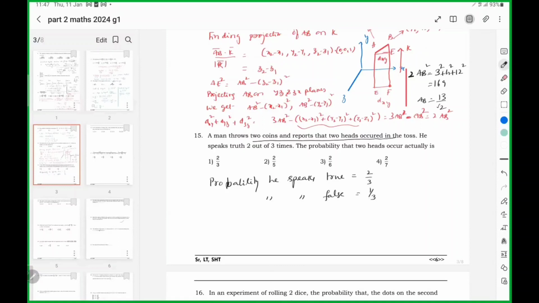Means actually six reported as six. Actually, the probability that two heads. Actually two heads reported as two heads. Actually there are not two heads, but reported as two heads.